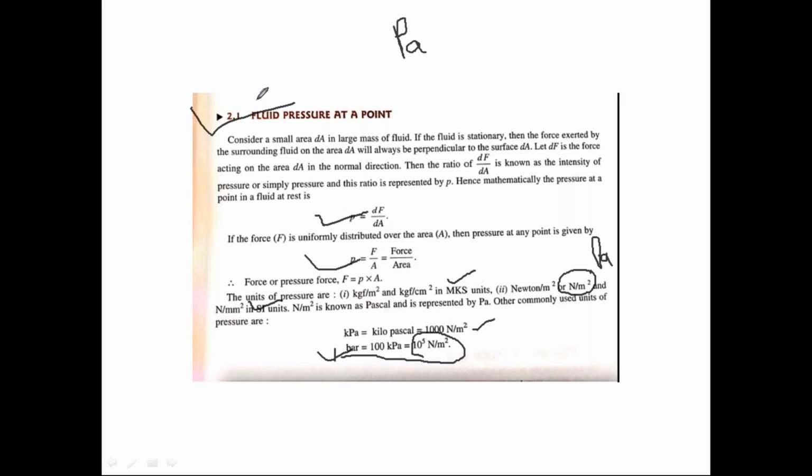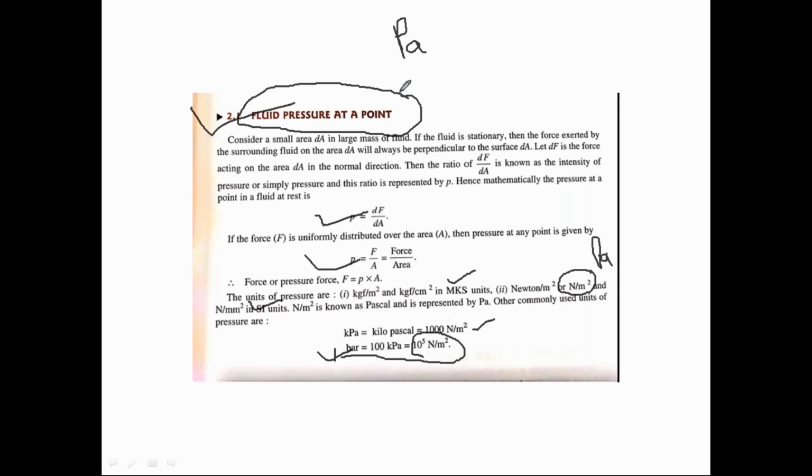And the direction of the force is normal to that surface. That means whenever I am talking about pressure, it is compressive in nature and it is towards the surface. That you have to understand.